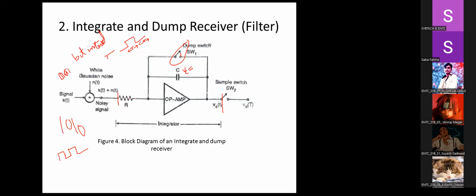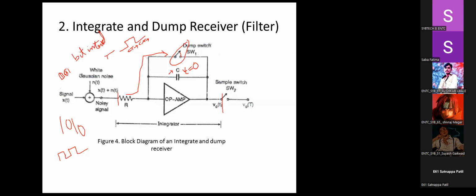We are closing the switch, which means the current is flowing here. Yes or no? The capacitor will be completely discharged. So what will be the voltage on the capacitor at that particular bit interval? It will be 0, obviously.